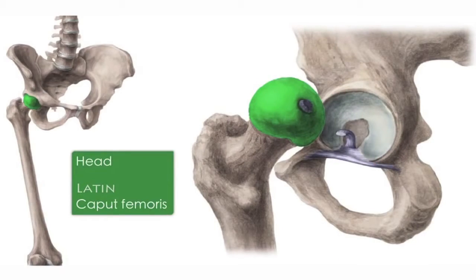Now another part that I want to highlight on the head of the femur is this depression right here that is used for the attachment of this ligament that is cut right here. This is the ligament of the head of the femur. And this is a very important ligament because it helps the connection between the two bones, helps strengthen this connection.